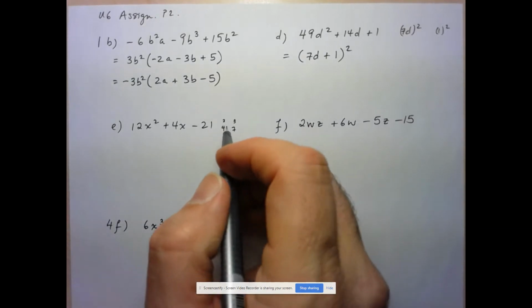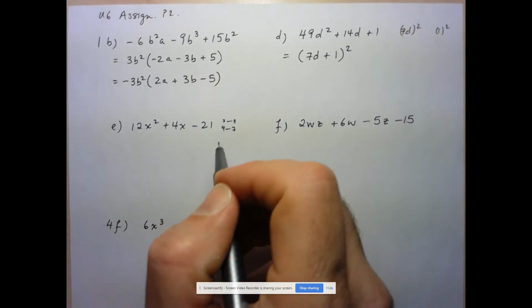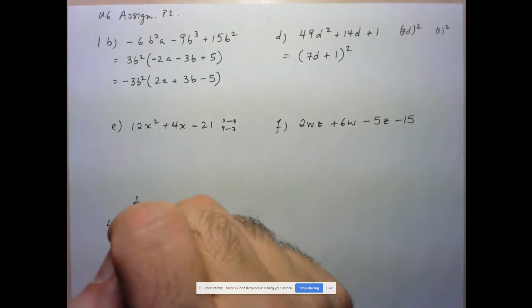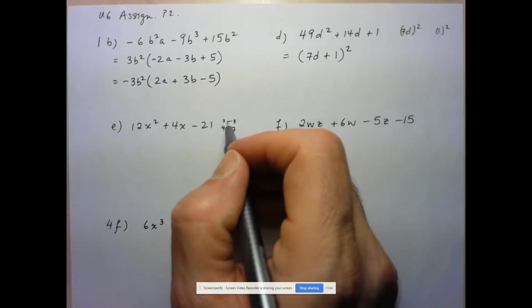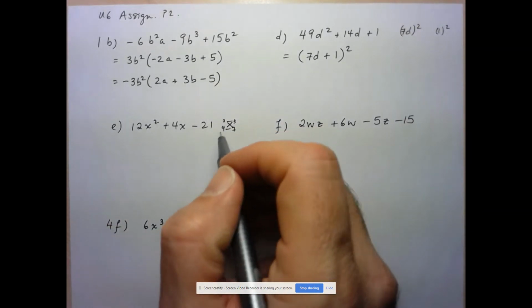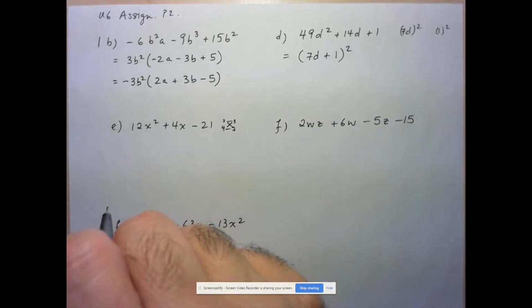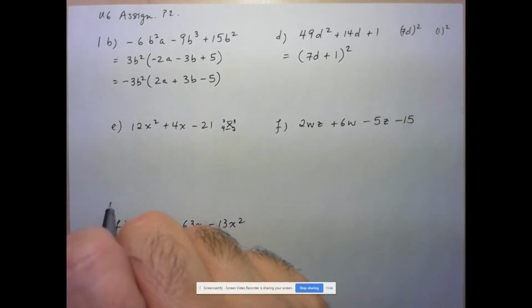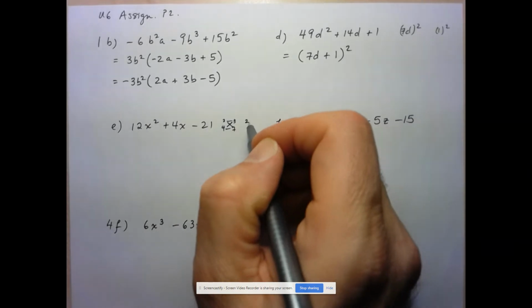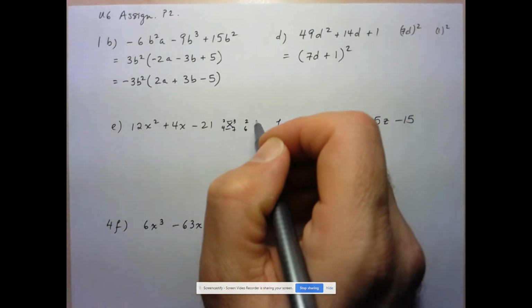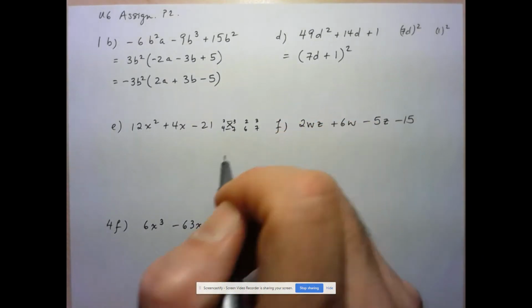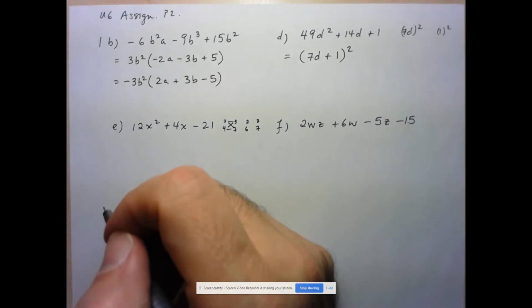Here 3 times 3 is 9, and 28, there's no way that's going to get to a 4. And if I go the other way, 21 and 12, again, there's no way that that's going to add up to 4. So instead of 3 and 4, let me try 2 and 6, and here I'll stick with the 7 and 3. So sometimes you have to go through more than one round.